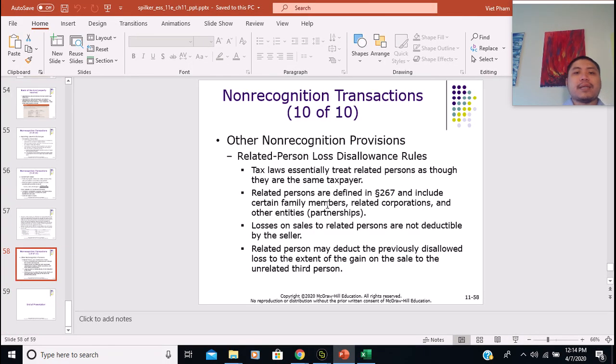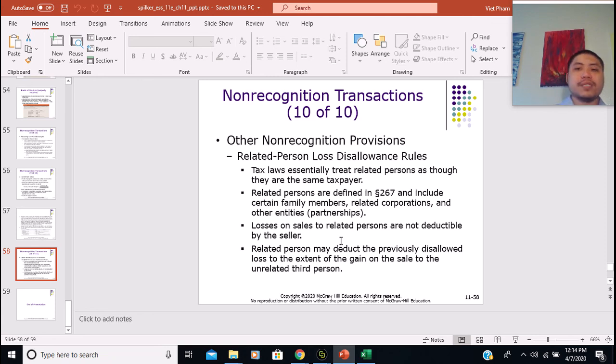All right, and the last thing I want to talk about in this chapter is transactions with a related person. There's a rule called the related person loss disallowance rules. Basically, this rule says that losses on sales to a related person are not deductible by the seller.